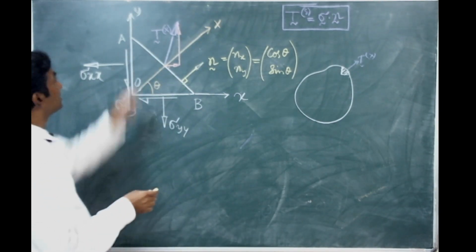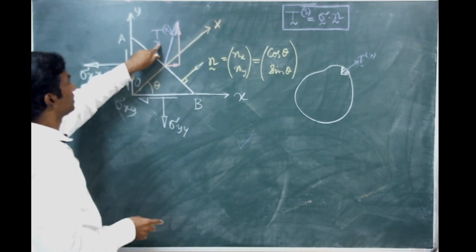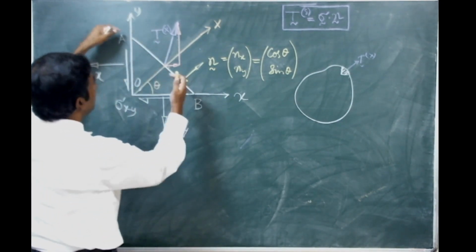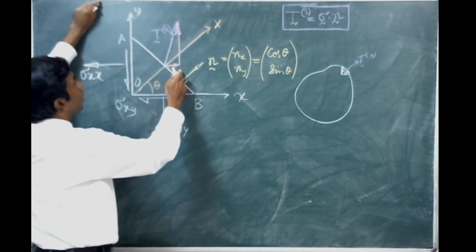Now we assume that this Tx, the surface traction vector, the distributed force on the AB plane, is resolved into two components.